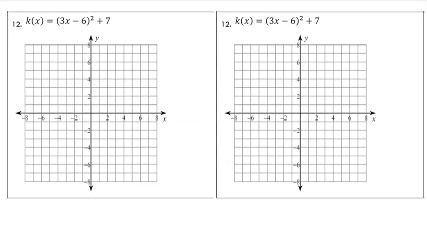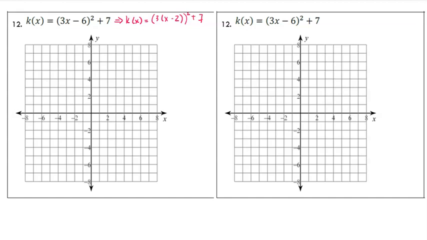Okay? Well, here we have a quadratic. So let's go ahead and change that horizontal dilation a little bit. 3, you're going to get an x minus 2, and then a plus 7.